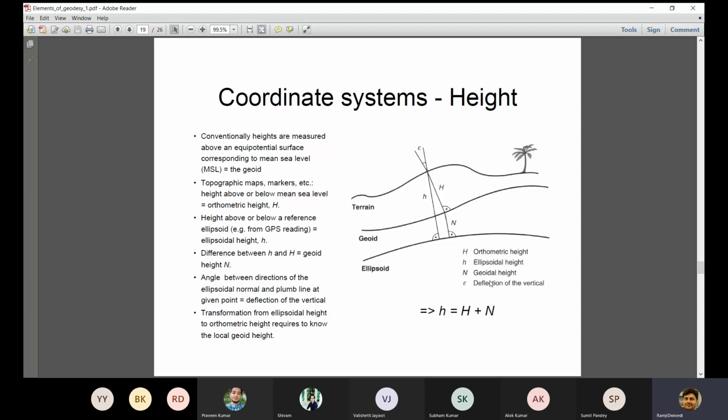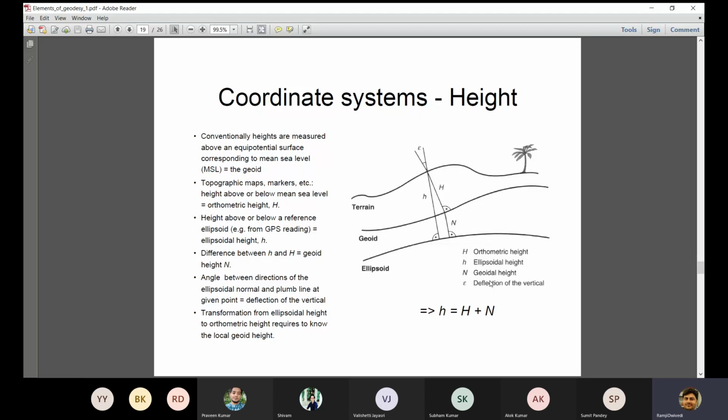The difference between this ellipsoidal perpendicular and the geoidal perpendicular is called the deflection of the vertical. That means the angle between the direction of the ellipsoidal normal and the plumb line at a given point is called the deflection of the vertical.